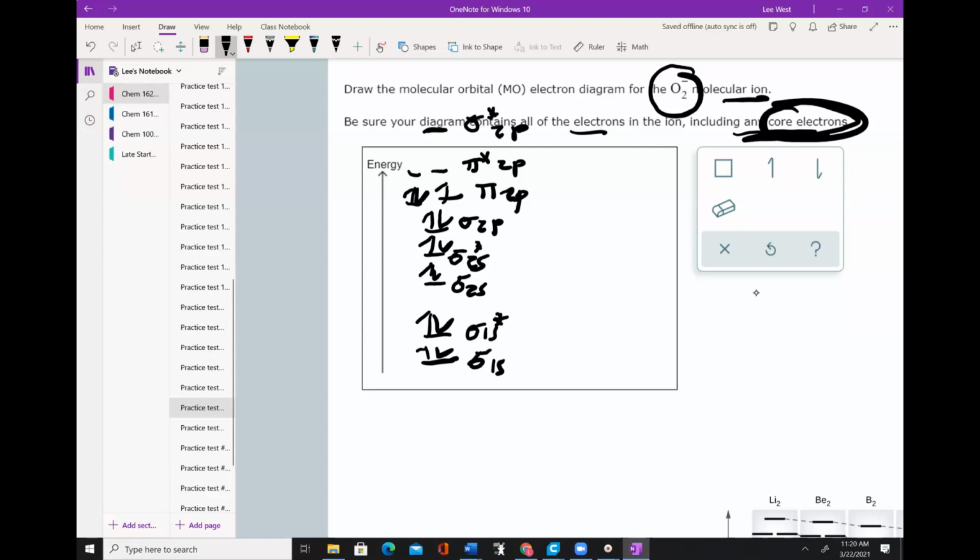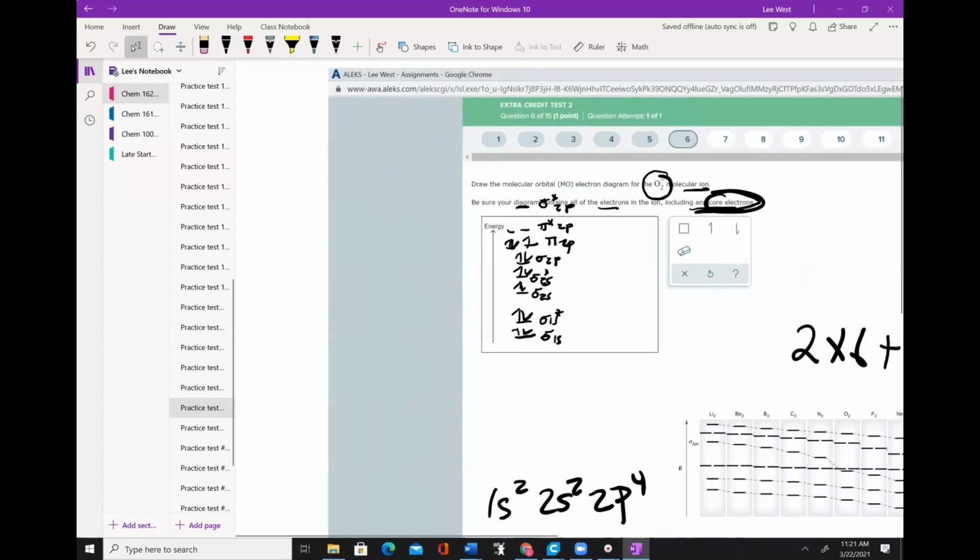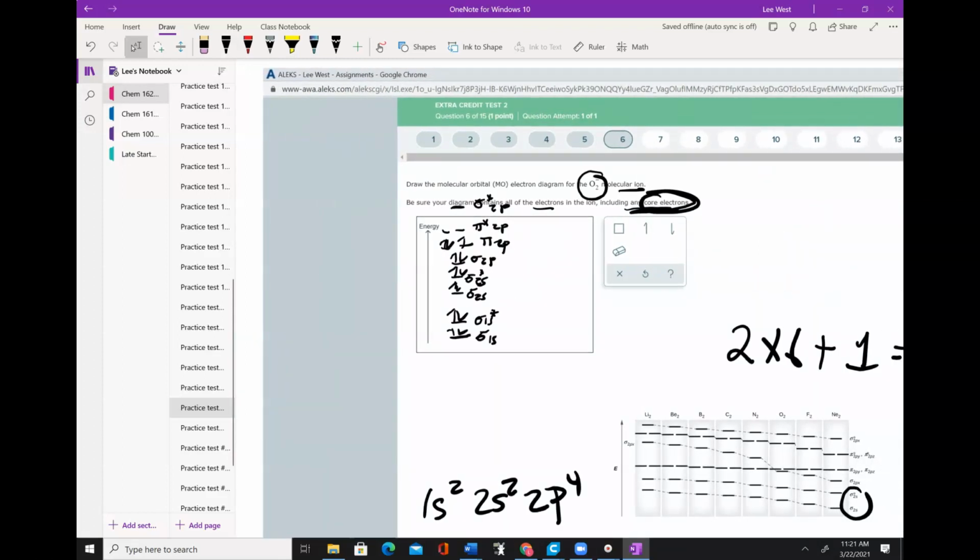How I did that was I just copied over the valence electrons from the diagram that was given in the book, and then I added in the core electrons, and I knew that two 1s always interact to give a sigma 1s and a sigma 1s star. So that was relatively easy, and then I just put everything in, making sure that I didn't violate the Pauli exclusion principle or Hund's law. So that's it, really. 13 electrons. Looks like it's paramagnetic with one unpaired electron there.